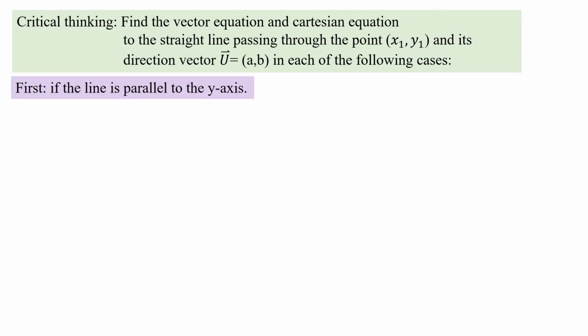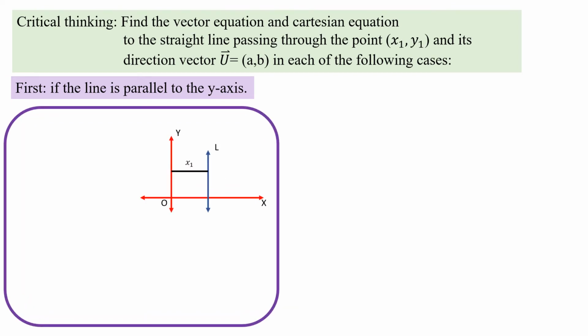Okay, find the vector equation and Cartesian equation to the straight line passing through the point x1 and y1 and its direction u, a, and b in each of the following cases. First, if the line is parallel to y-axis, so slope is undefined, so a equals 0 and b not equal 0.